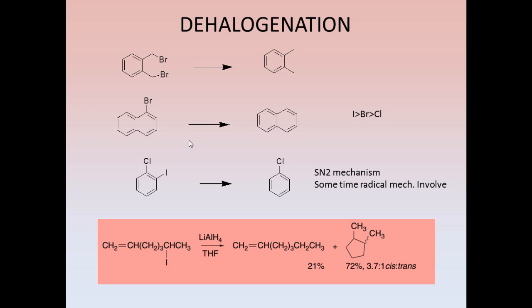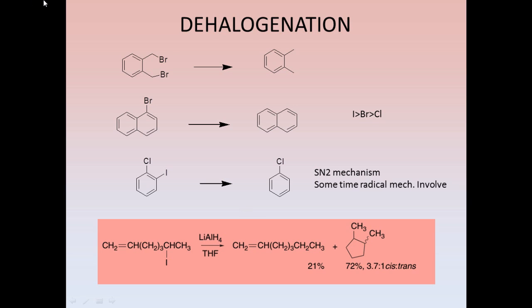So dehalogenation can also be done. Dibromobenzene derivatives can be dehalogenated. Simple aromatics can be dehalogenated. The SN2 mechanism can be followed, but the radical mechanism is also followed. If the radical mechanism is followed, a cyclic compound can be formed. If the radical mechanism operates, there is a little possibility that a cyclic molecule is produced.